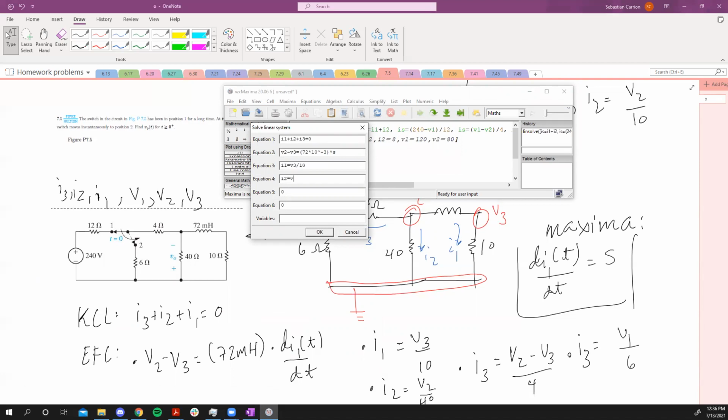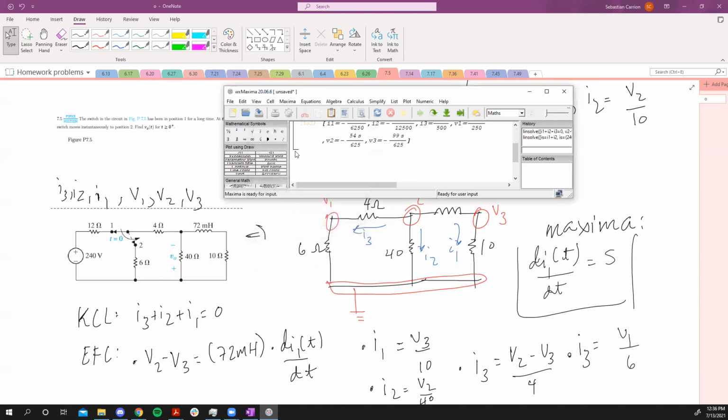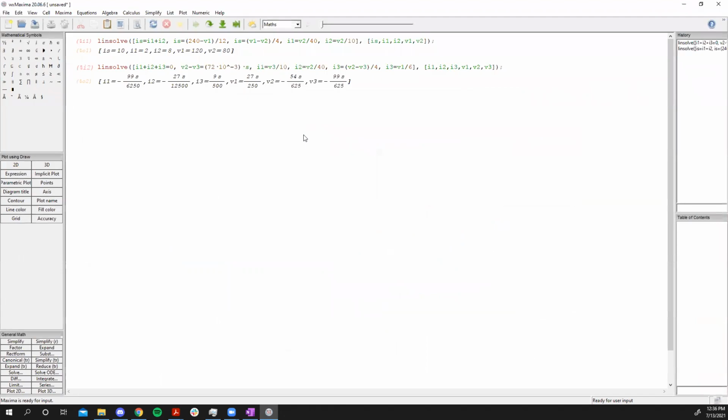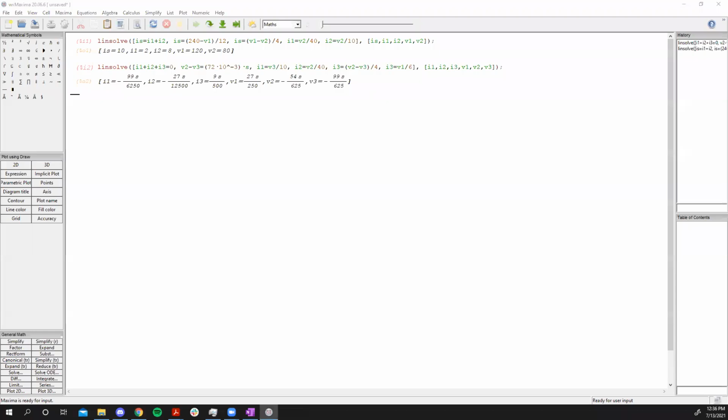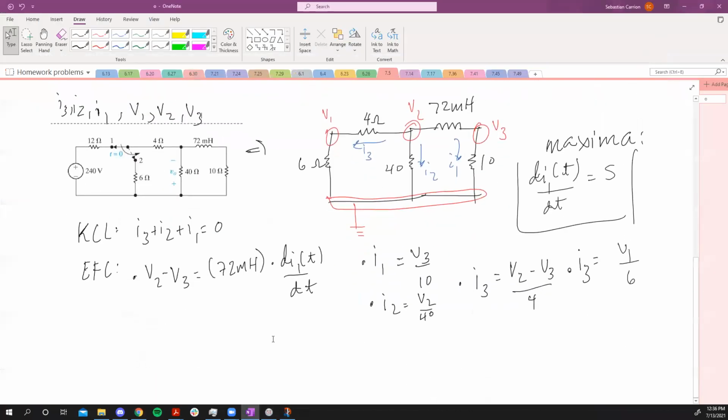I2 equals V2 over 40. I3 equals V1 over 6. Variables: I1, I2, I3, V1, V2, V3. Okay. Now we're looking at this. These are going to be our answers.